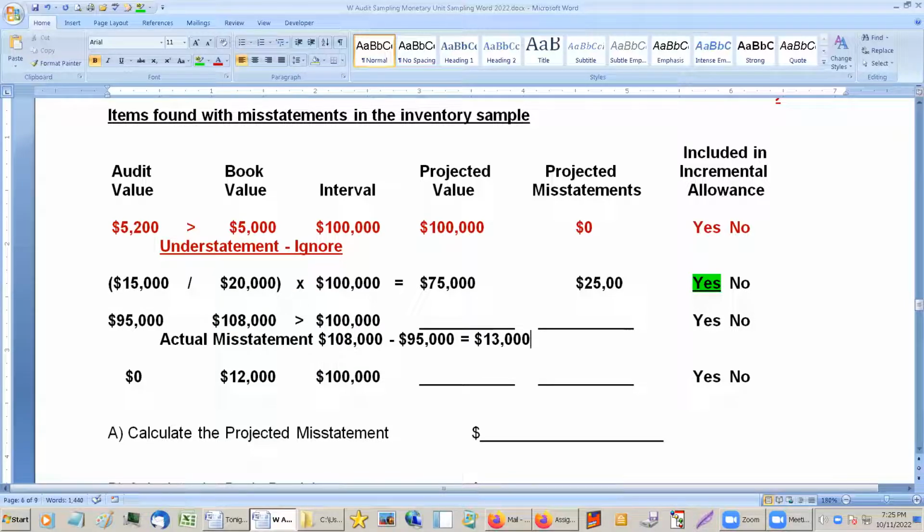Oops. Yes. Okay. So this will be our projected misstatement. Now, oh, wait a minute. I lost a zero off that one too.